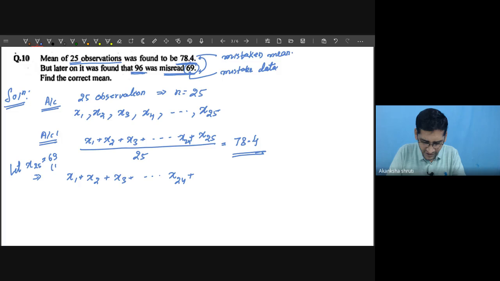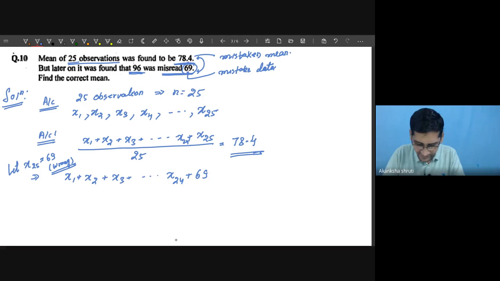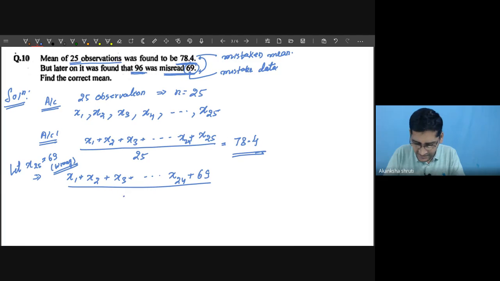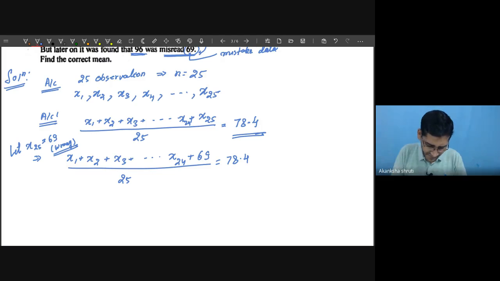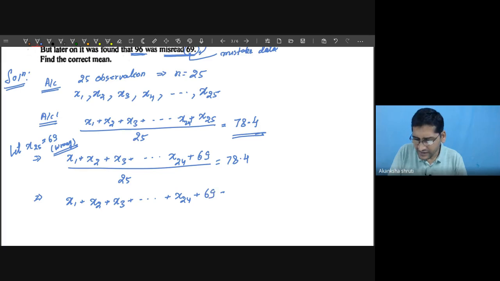This was the wrong data. With this wrong data, the mean obtained was 78.4. Okay, it is like this. It means x1, x2, x3 to x24 plus 69 is equal to 78.4 into 25.